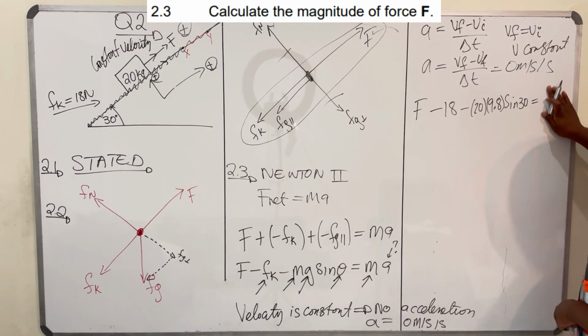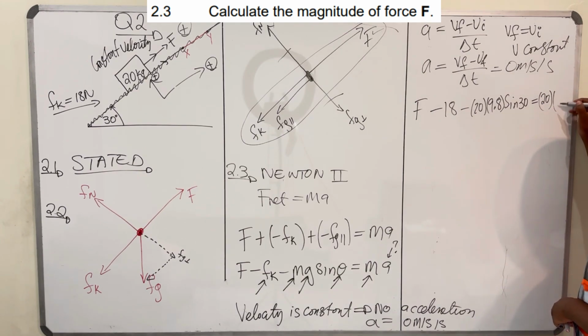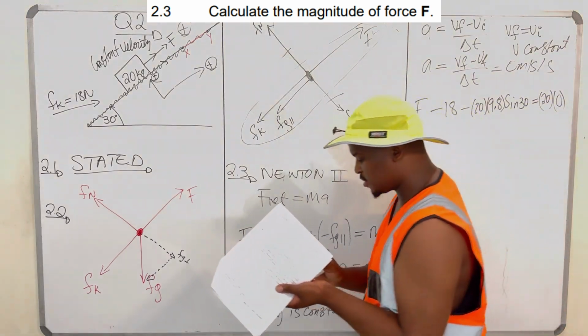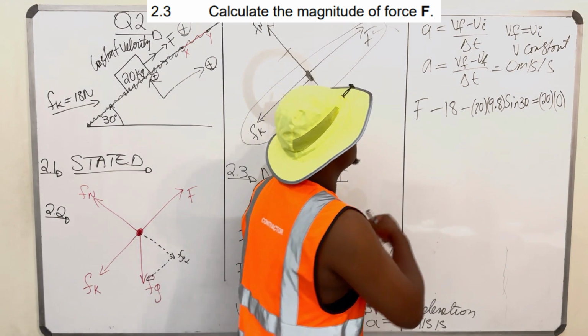If you want, you can say ma, where m is 20 times 0, because you know acceleration is 0 since the velocity is constant. So you can solve for your F there. Punch this on the side.